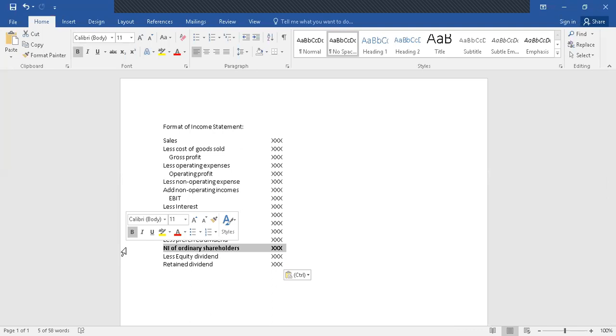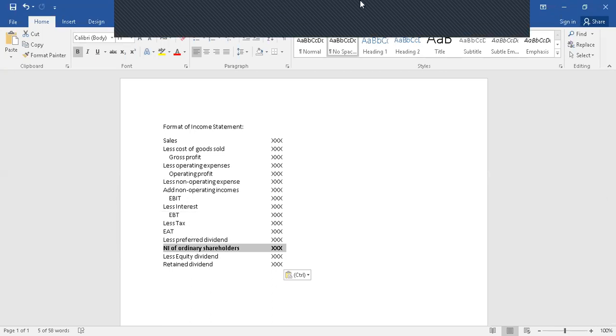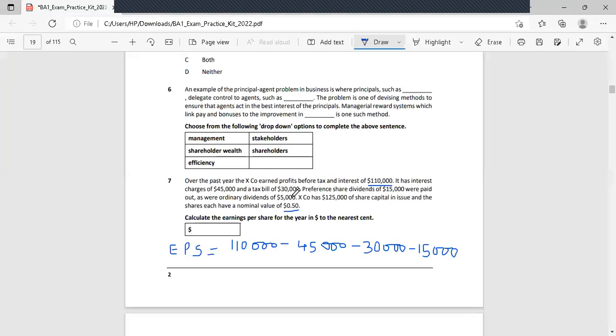We are not talking about the amount available after the equity dividend is paid. So here, what is the equity dividend? Ordinary dividend is 5,000, but please do not make the mistake of deducting that as well. The entire thing is divided by the number of shares.